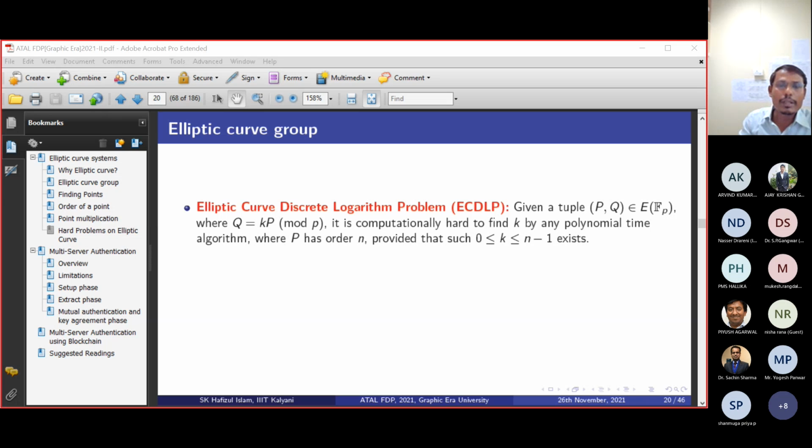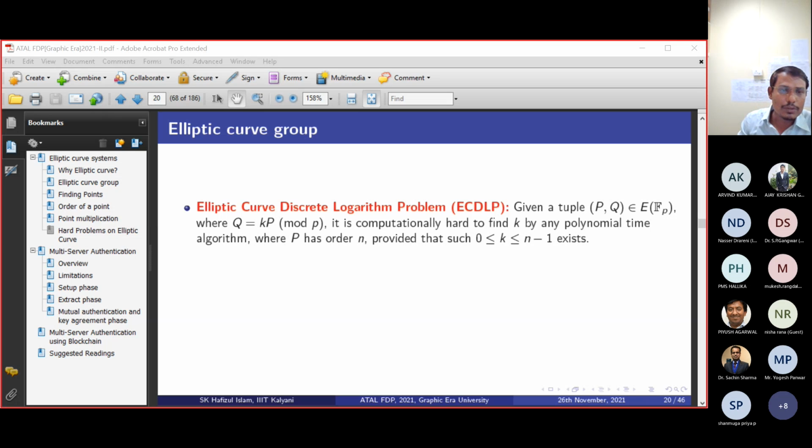Similarly, you can define the bilinear Diffie-Hellman assumption that we discussed in yesterday's discussion. You have P, AP, BP, and CP, and a PPT algorithm has to calculate the bilinear pairing of P and P to the power ABC. Here AP means A times P, that is scalar point multiplication, and P is an elliptic curve point.